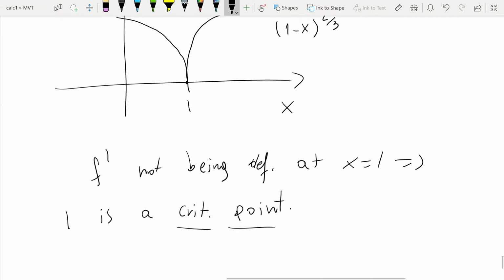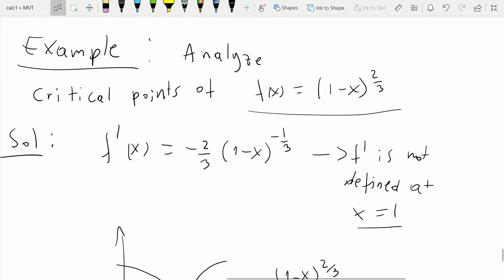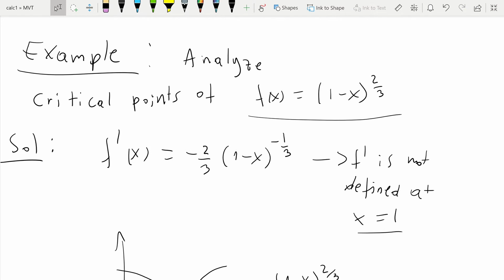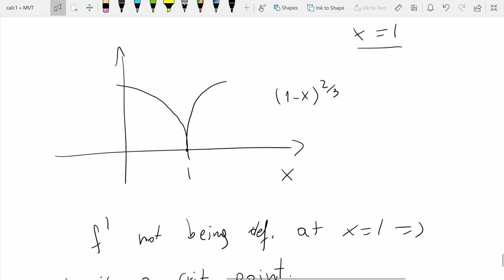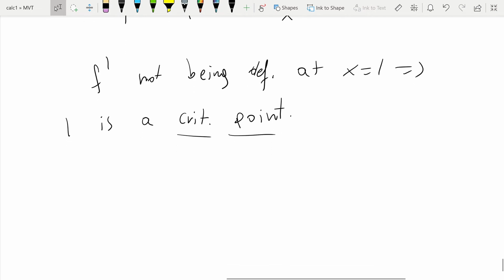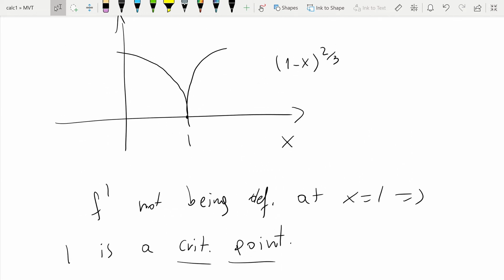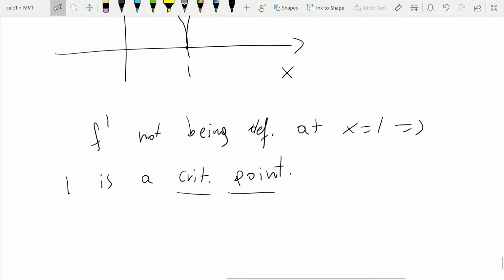So the idea here is to go over a less common example where the critical point you're asked to analyze is not a point at which the derivative is equal to 0, but rather a point where f prime is not defined. Nevertheless, we're just going to confirm what we see in the graph of the function.